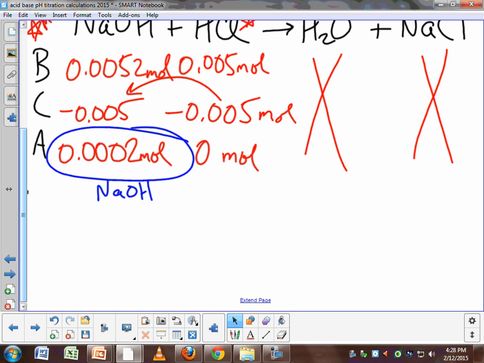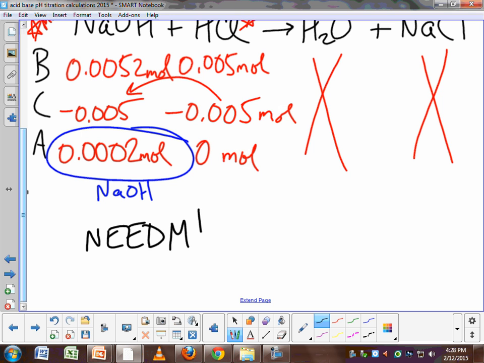Because we need molarity. We have to have molarity in order to do pH calculations. And we don't have that right now. We have moles, which is great, and it's a right step on the way to getting molarity, but it's not our answer. So we've got to calculate molarity.